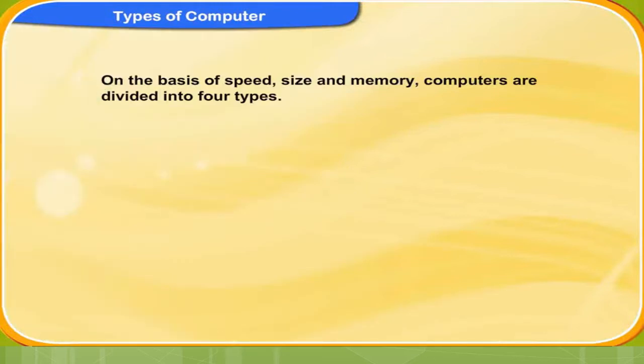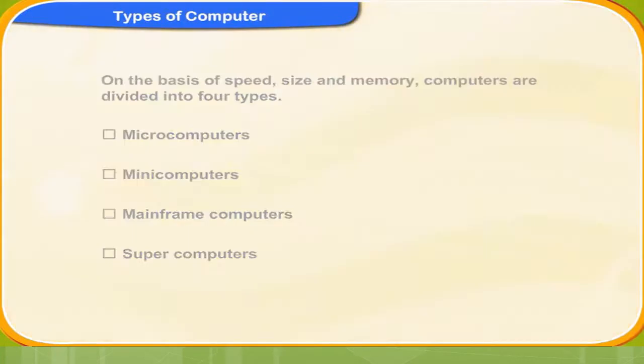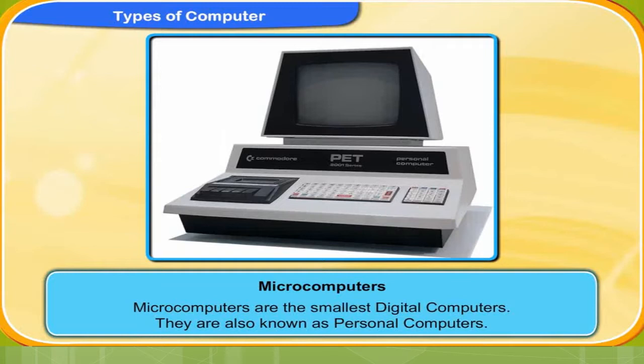Now, on the basis of speed, size, and memory, computers are divided into 4 types. They are microcomputers, mini computers, mainframe computers, and supercomputers. Let us now learn about each of them. Microcomputers are the smallest digital computers.